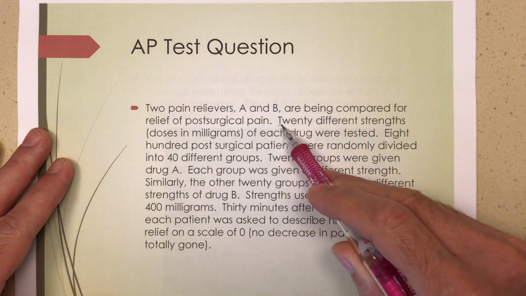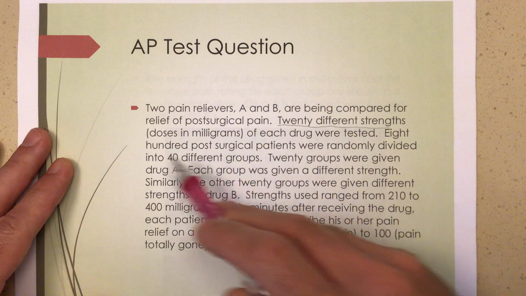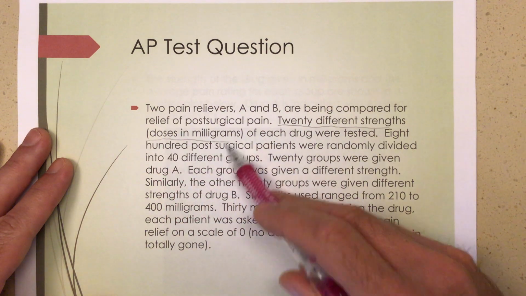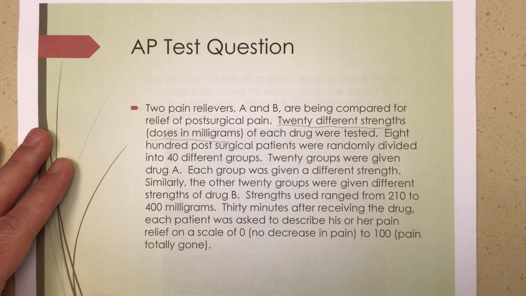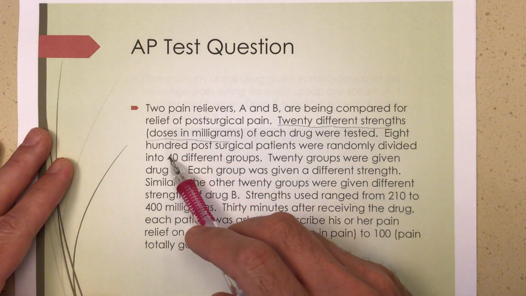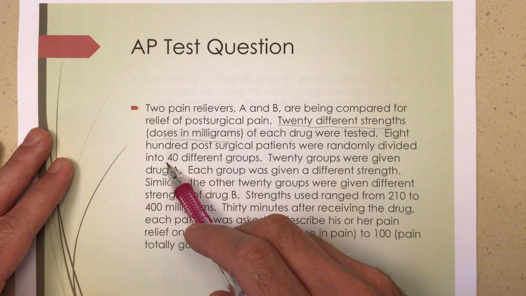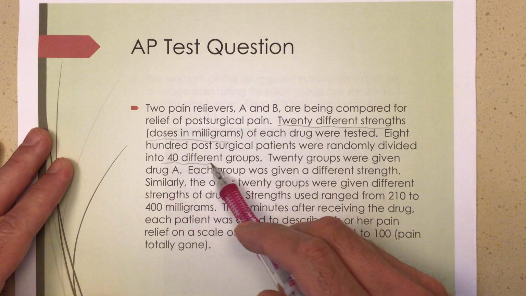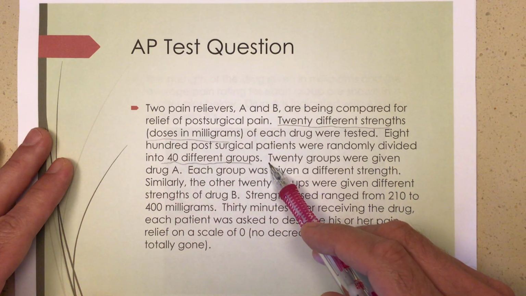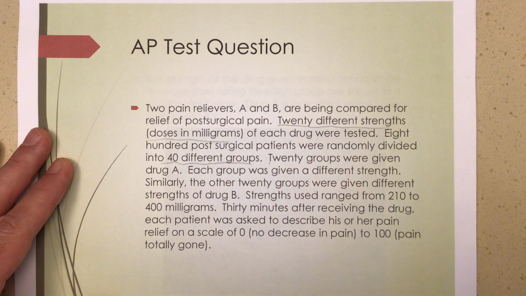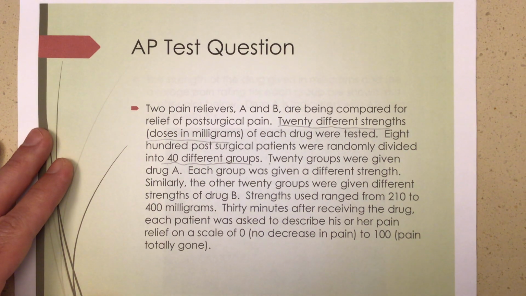We have 20 different strengths or doses being given of 2 different drugs. Each dose is given to more than one person. That's what's important. We're giving this drug to more than just a single individual.